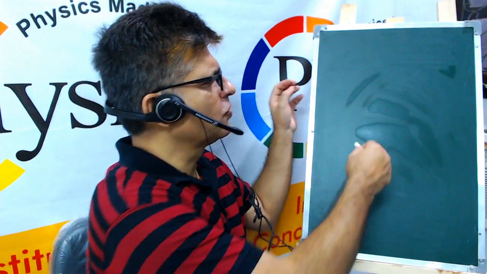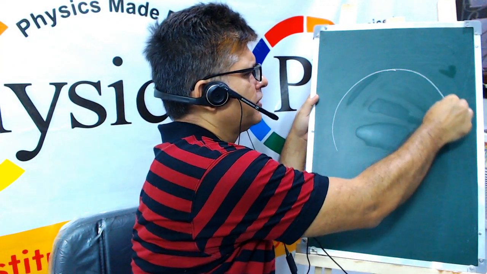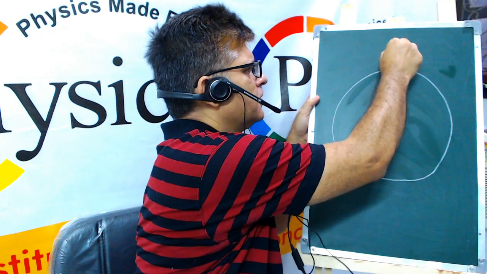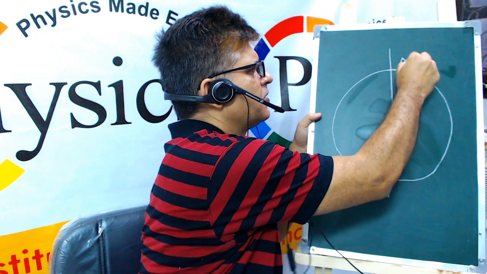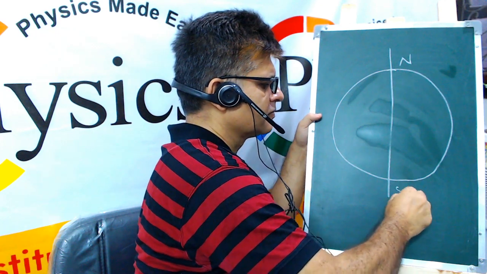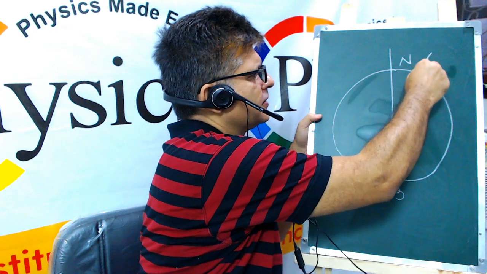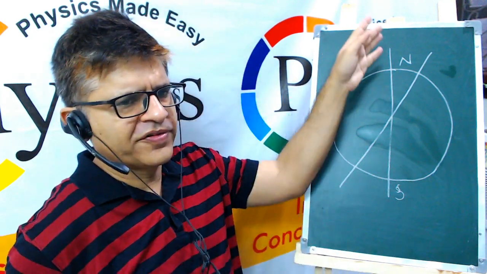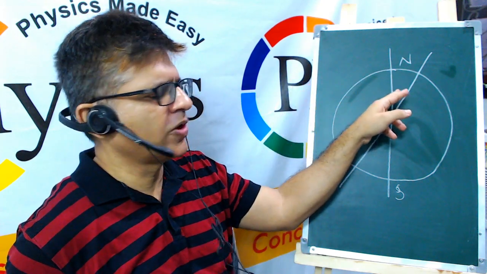So if you were to look into the Earth, and that's your, as usual, geographic north and south, right? There is an angle between the geographic axis and the magnetic axis, which is 11.3 degrees.